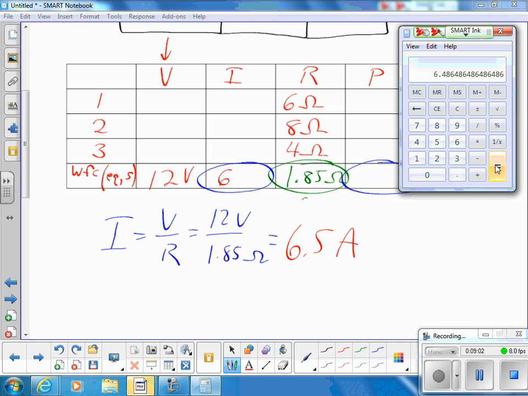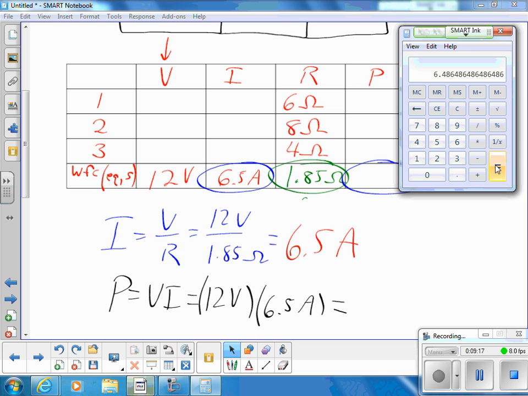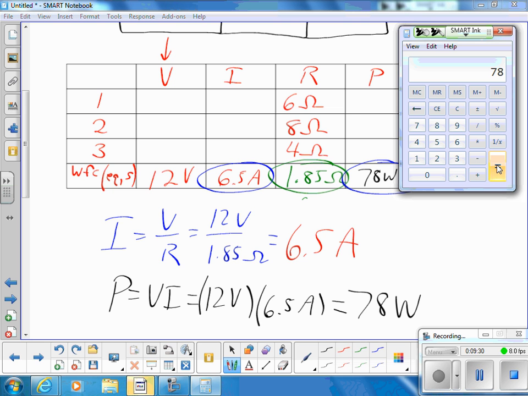That goes in here, 6.5 amperes. The power of the whole circuit is V times I, and that is 12 volts times 6.5 amps, and that is, on my calculator, 12 times 6.5 equals 78 watts. 78 watts goes in here for the power of the whole circuit.